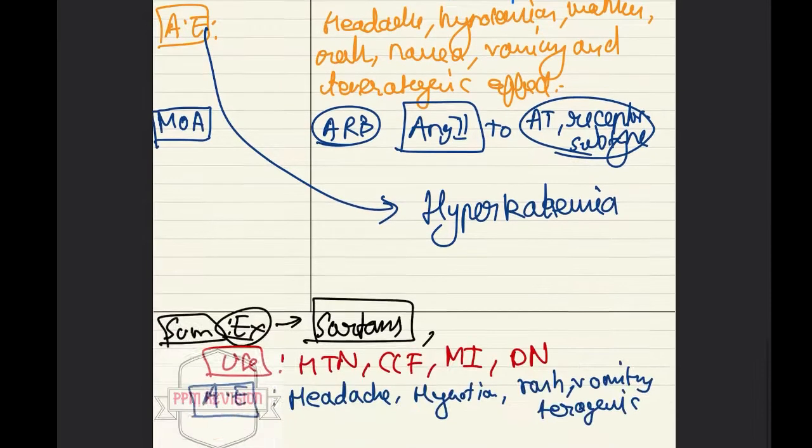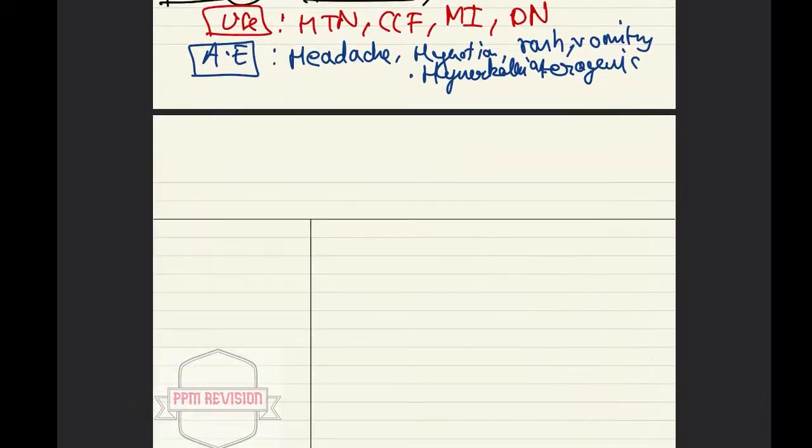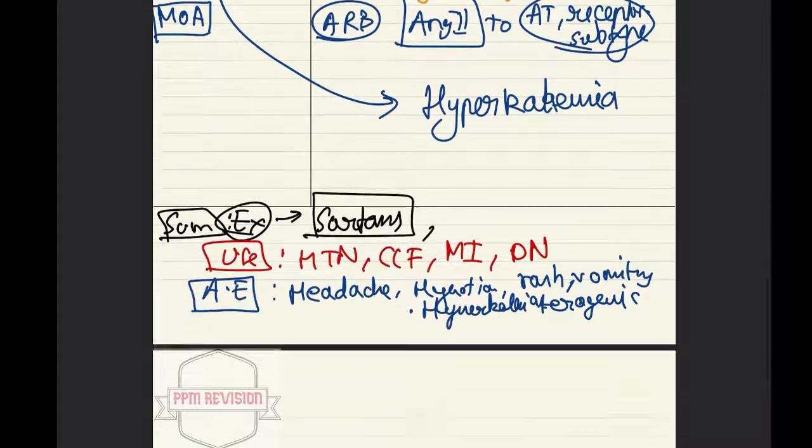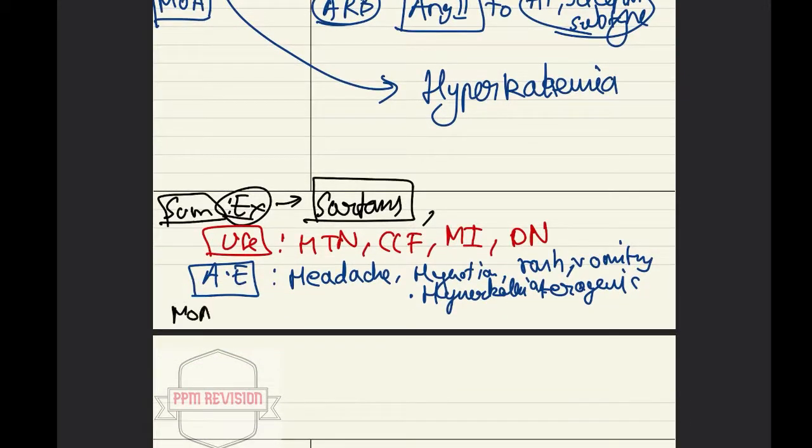Okay, so I'll tell again, it's hyperkalemia. It's important. Now, looking further, another small point to add is the mechanism. Mechanism of action is nothing but the angiotensin receptor blockers.